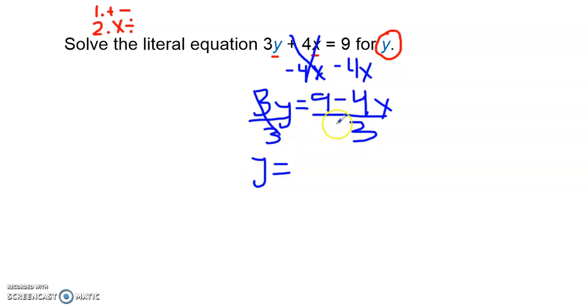And then we can't really simplify any further, so we'll just bring everything down. We could write it like this, or we could just put the whole thing over 3. All right, and that is our answer.